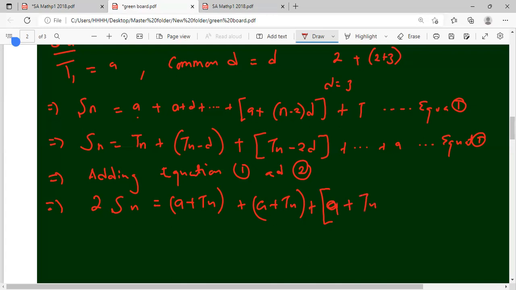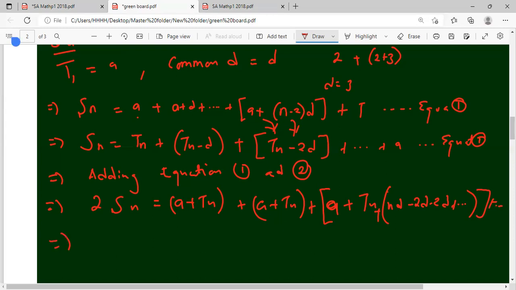When we add up this to this, we have got A plus Tn, and the d terms cancel out: plus nd minus nd, minus 2d plus 2d, and so on.